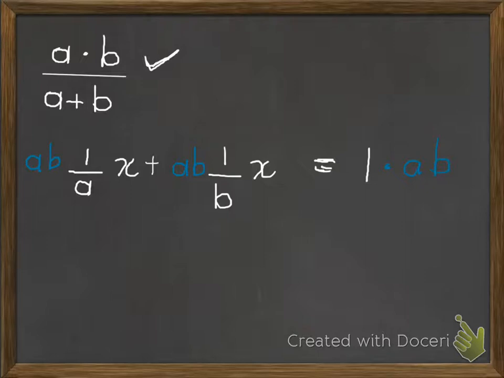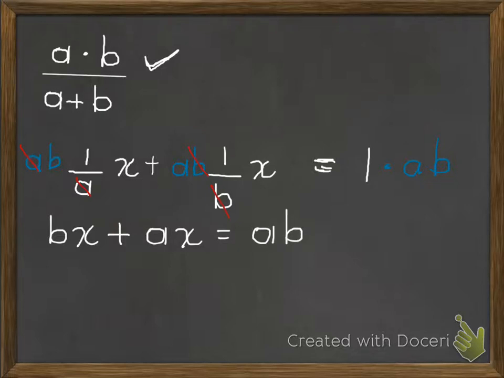And then you'll see that the A's cancel here, the B's cancel here, and on the right side we're left with AB. So let's rewrite that. We have B times X plus A times X is equal to AB.